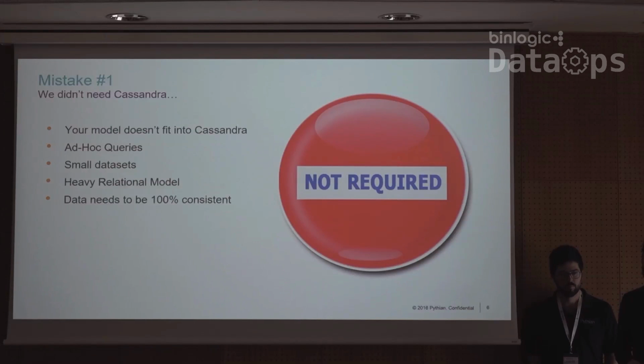So if you are looking into ad hoc queries, if your data sets are small, if you have a very relational model, or if you need to be 100% consistent, then probably Cassandra is not the best fit for you.